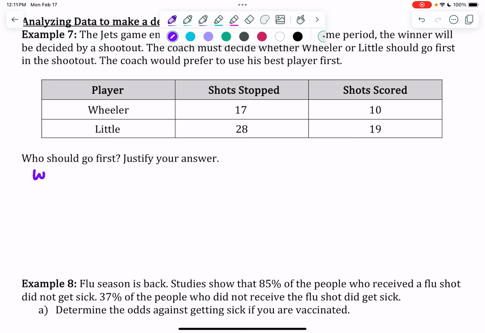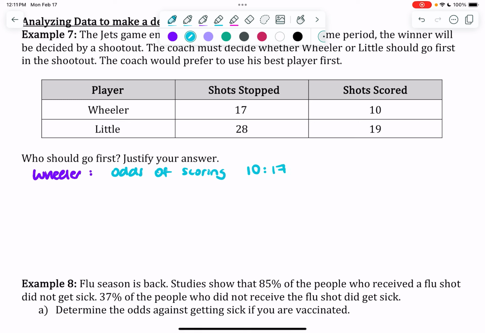Let's talk about Wheeler. Taking a look at this, I can easily say what his odds of scoring are. Odds of scoring are the number of times he scored to the number of times he didn't score. I can see that the odds of him scoring are 10 to 17.